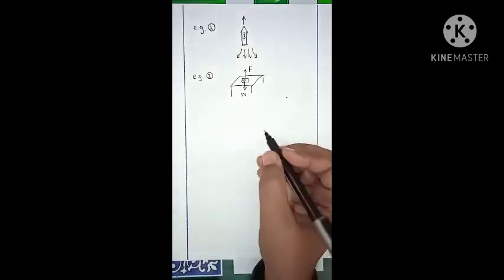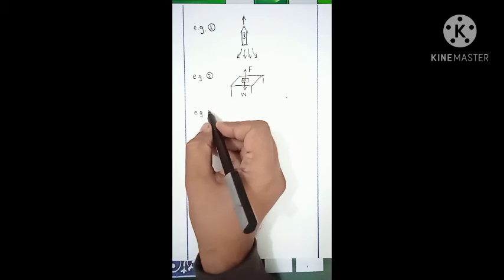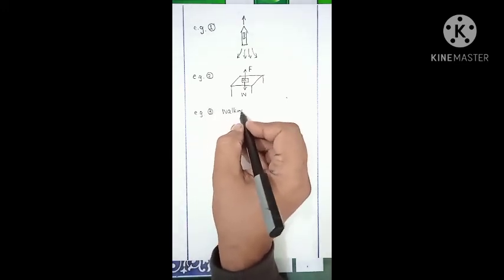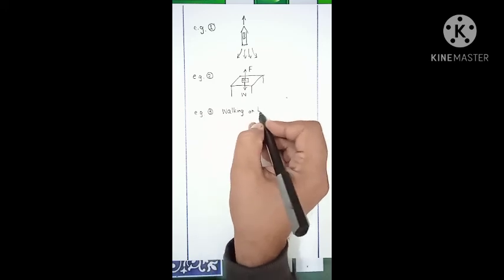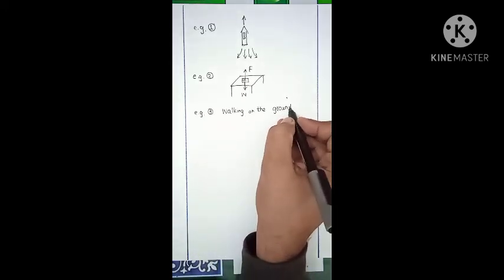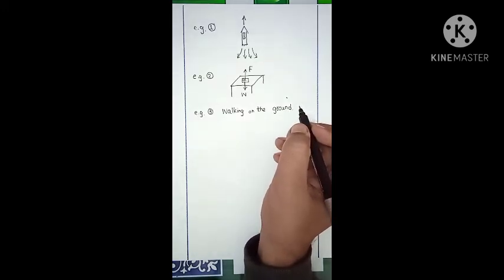Example number 3, our walking on the ground is also an example of Newton's third law. In our daily life, when we walk, we exert a force on the ground backward.